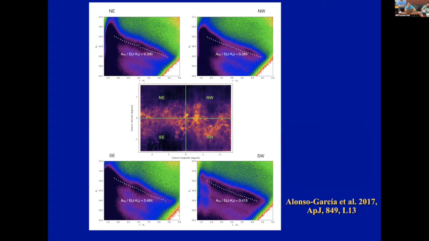And we did find indeed that the extinction is different for different regions. Up here it is closer to 0.38, 0.39. Here it is closer to 0.46, and here it is 0.41. So extinction is going to change in a smaller region. You should be careful when you are trying to use a universal extinction law for the bulge, for example.